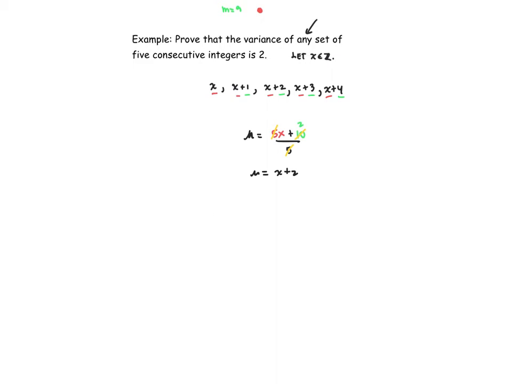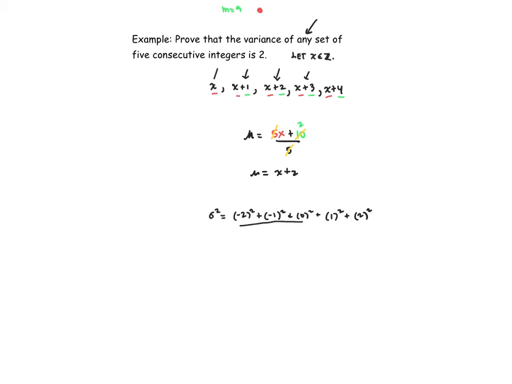Now to find sigma squared, I'm going to take each of the individual terms and subtract x plus 2. So my first term, x minus x plus 2 is going to be a negative 2. X plus 1 minus x plus 2 will be a negative 1 squared. X plus 2 minus x plus 2 will be a 0 squared. You can see where this is going. These terms are all going to be 2 units from the mean, 1 unit from the mean, 0 units from the mean, 1 unit from the mean, and again 2 units from the mean.